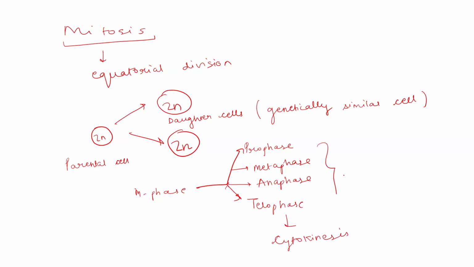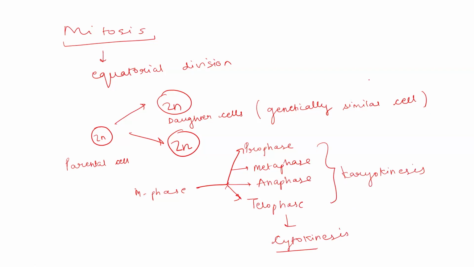All these steps result in karyokinesis, that is the division of the nucleus into two. And cytokinesis finally results in the separation of those two nuclei into 2 different cells. So this was what we understood about mitosis in the last lecture.